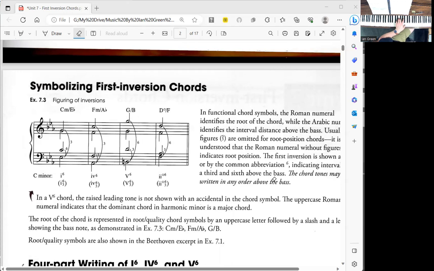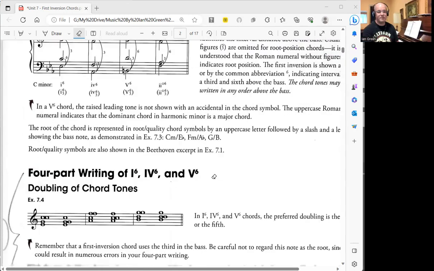But because the sixth is the outlying interval, it creates a less dissonant sound than the root position 2 diminished chord. So this chord is favored, especially in a minor key, in different progressions, especially in Bach chorales.